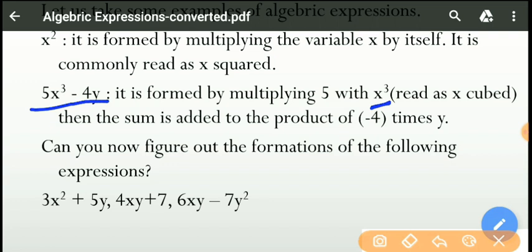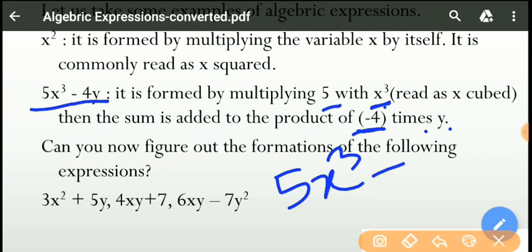This expression is formed by multiplying 5 with x cubed. Read as x cubed. Then the product is added to the product of minus 4 times y. That means 5 is multiplied with x cubed and this product is added.